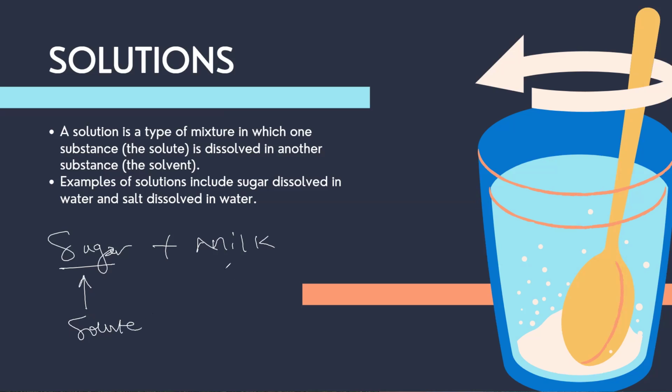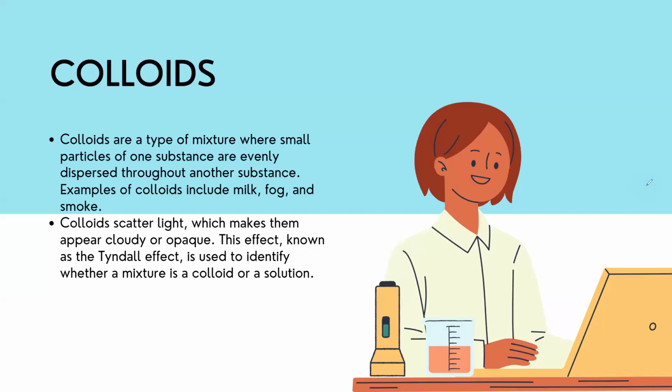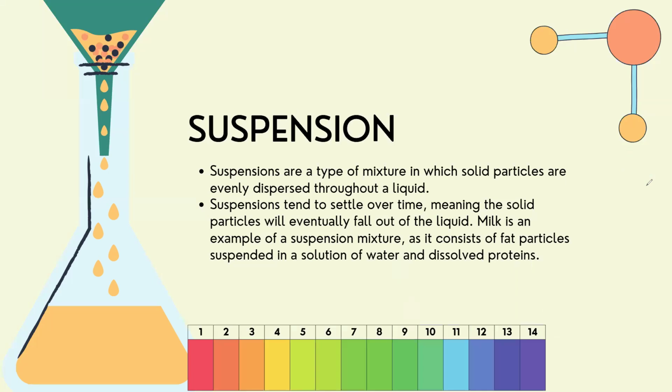Beautiful, because sugar is the one that gets dissolved. Milk is the one that does the dissolving. So here are some examples of solutions. We have sugar dissolved in water and salt dissolved in water. We've seen what colloids are, and then we've also seen what a suspension is as well.